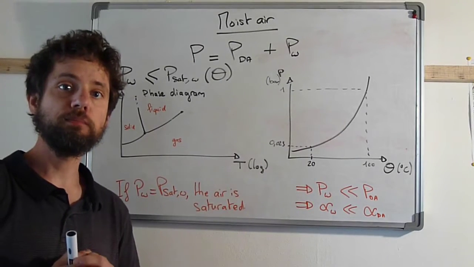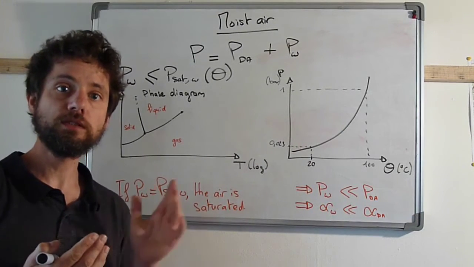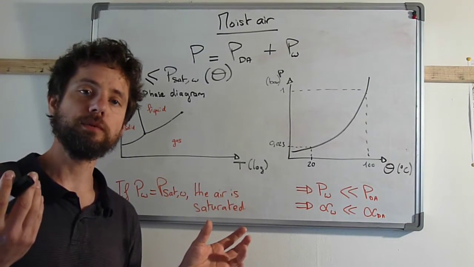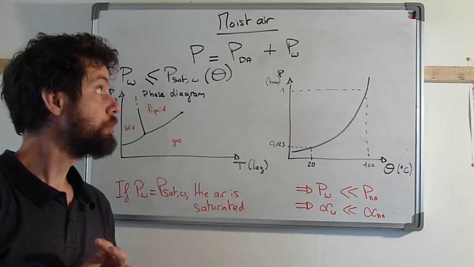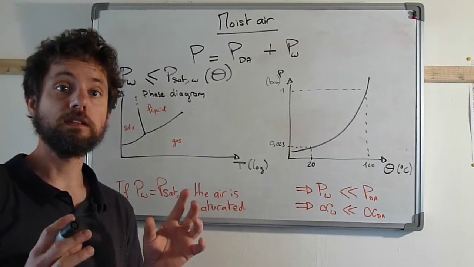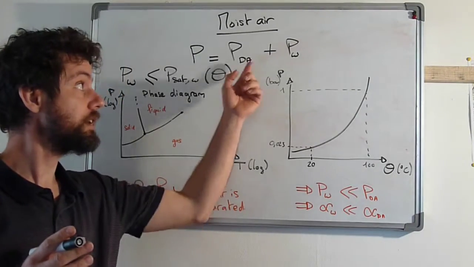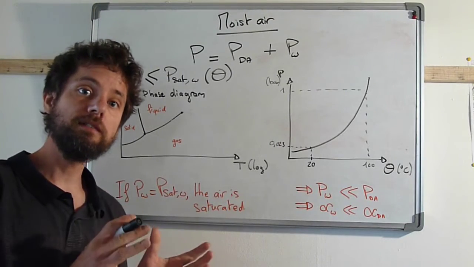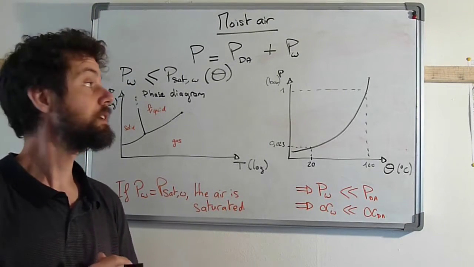So, as explained before, moist air is a mixture of dry air and of water vapor. Both of these two components, dry air and water vapor, can be considered as behaving as ideal gases.